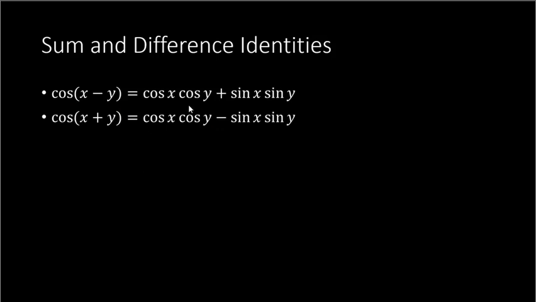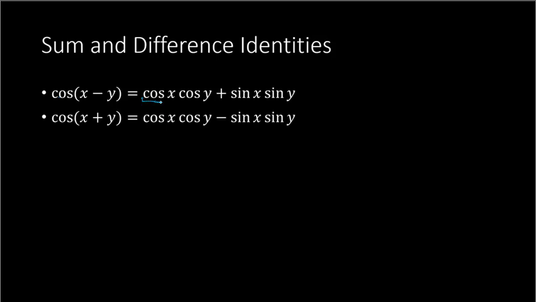The goal is to have these memorized, so take some time either now or later to memorize these identities. Some helpful tips for cosine: the cos go together. It kind of rhymes, right?